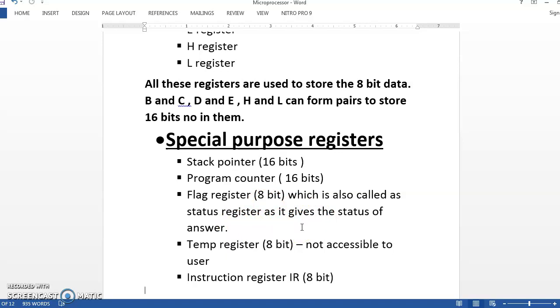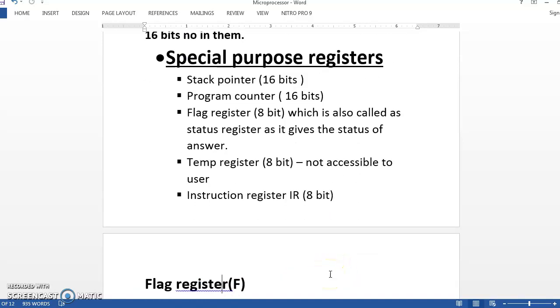When you do any arithmetic or logical operation, it gives the status of the answer. Temporary register, which is not accessible to the user. It is used in the arithmetic logical unit. And the instruction register, which is again an 8-bit register. These two registers, the temporary register and the instruction register, are not accessible to the user.